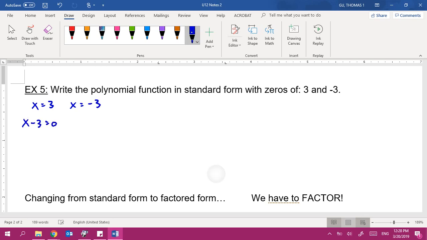Okay. All right. Then? F of x? Right, because we just got our factors, right? Those are our factors. So now we can write our factored form. F of x equals?